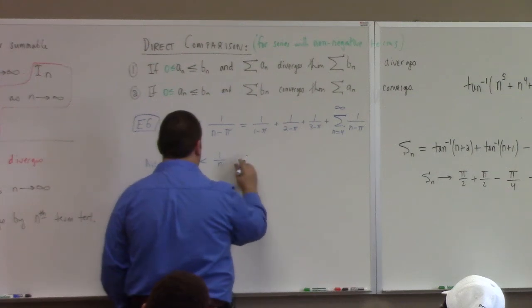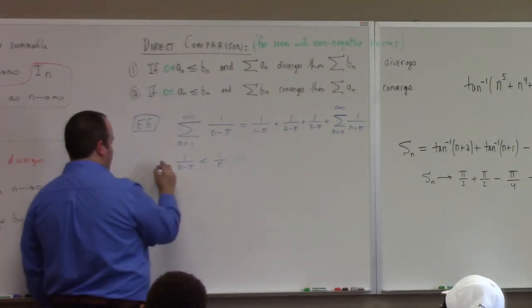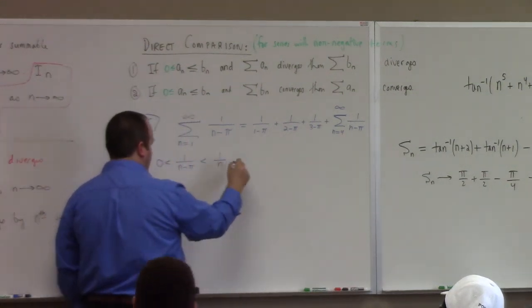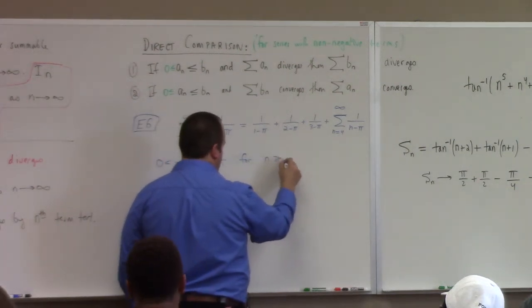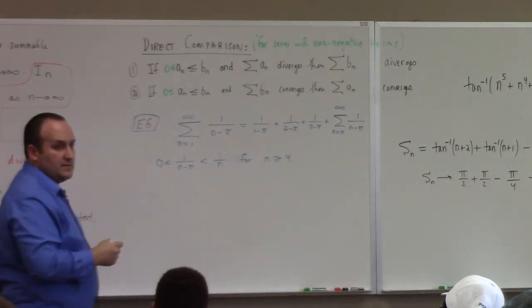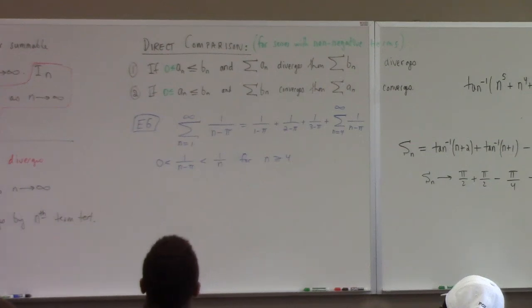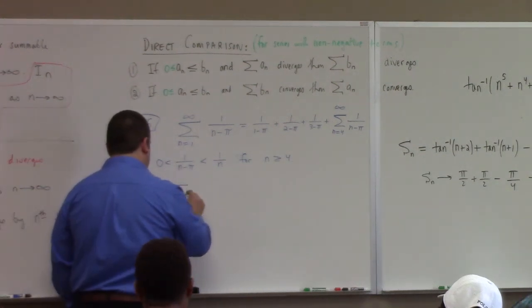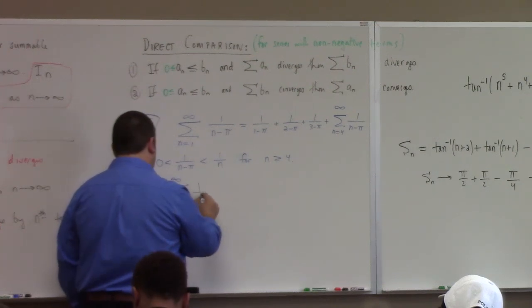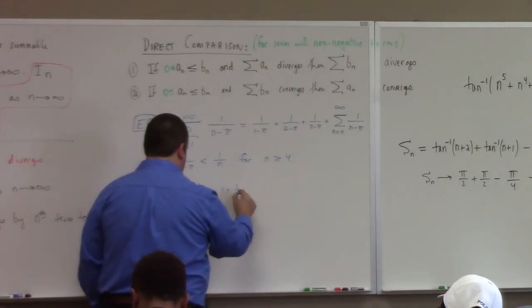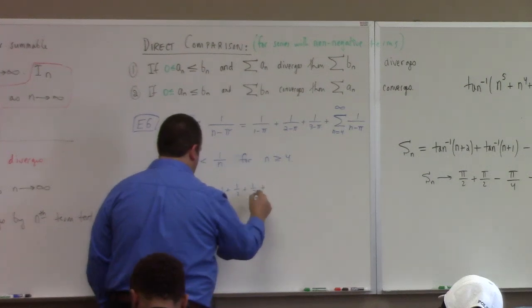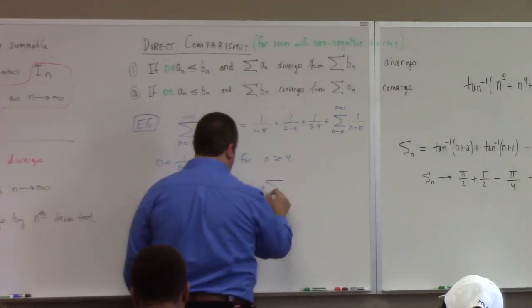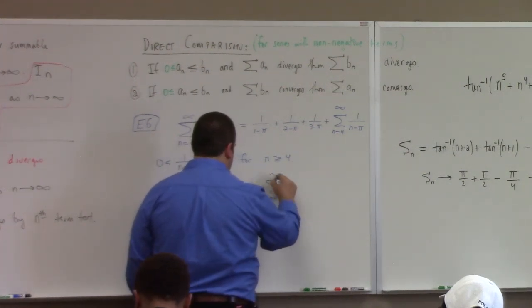And more to the point, I have 0 is less than that for n greater than or equal to 4, right? I also know that the sum from n equals 1 to infinity of 1 over n is 1 plus a half plus a third, plus the sum from n equals 1 to infinity of 1 over n.